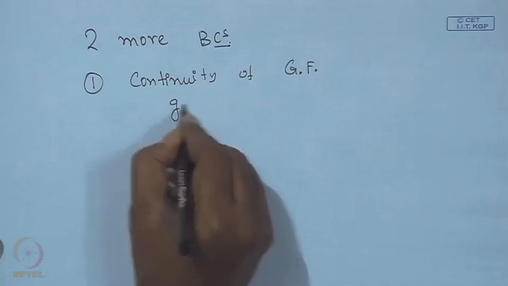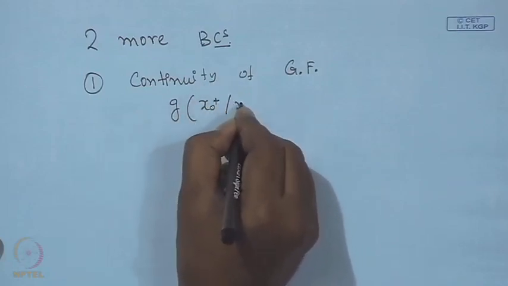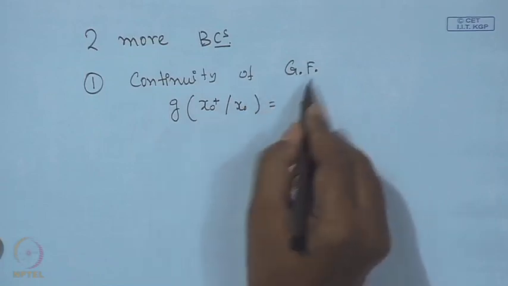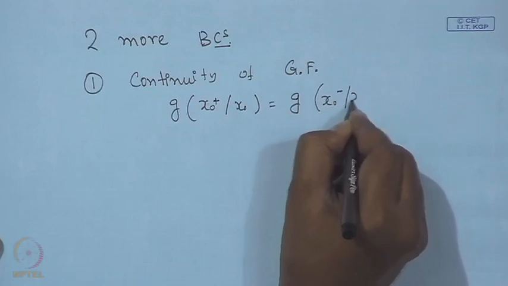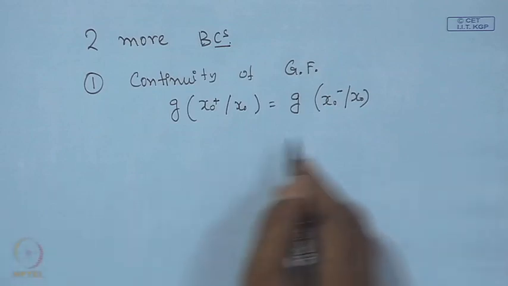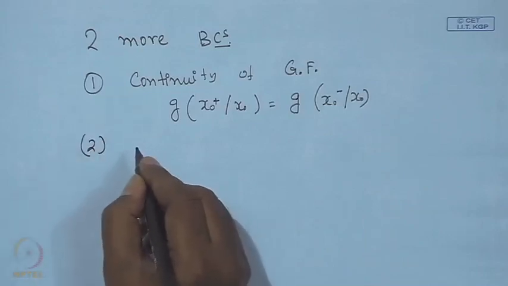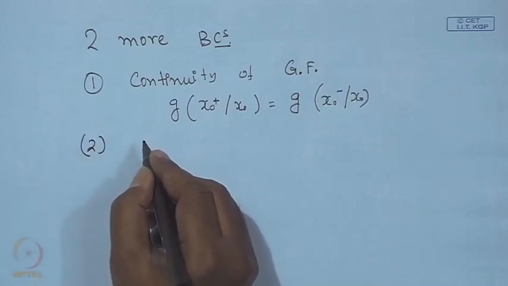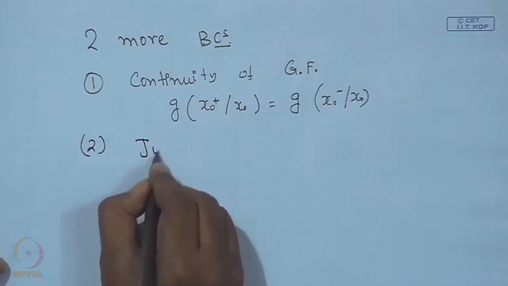This will be g at x naught plus equal to g at x naught minus. So, across x naught Green's function is continuous. The second one is called the jump discontinuity condition.